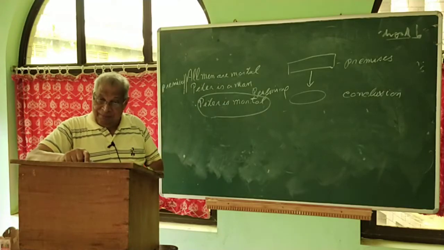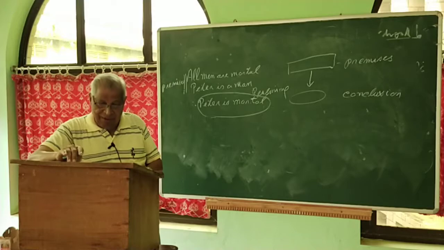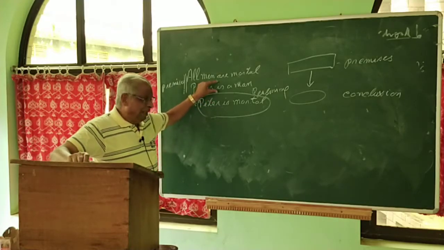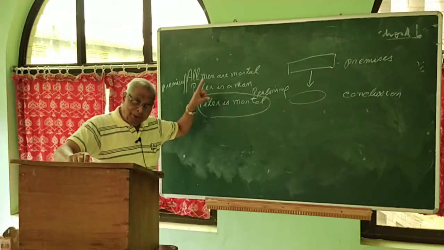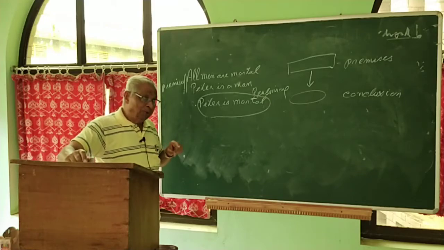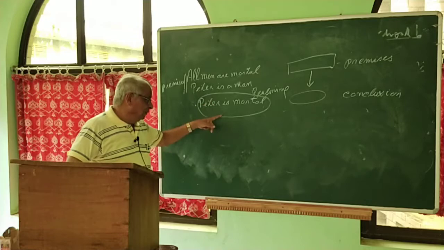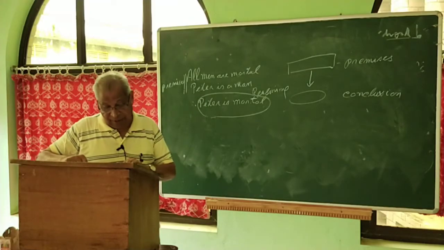The premises in the Aristotelian logic, as we learn, we will be using only the minimum required. At least two must be there. At least two premises. There can be more. That you will study more in symbolic logic. So at least two premises should be there, and from those premises we are arriving at the conclusion that Peter is mortal.